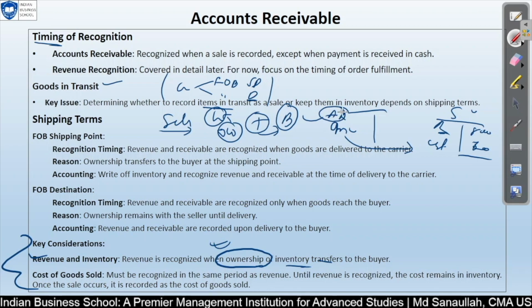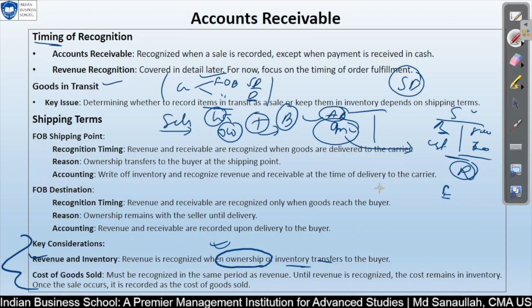But AR can be received based on free on board destination or free on board shipping point, whatever point you have. There may be slight differences in how companies follow this, but I am trying to give you an overall understanding. Whenever you have sold a product, or whenever as a buyer you have received anything, you need to pass an entry.